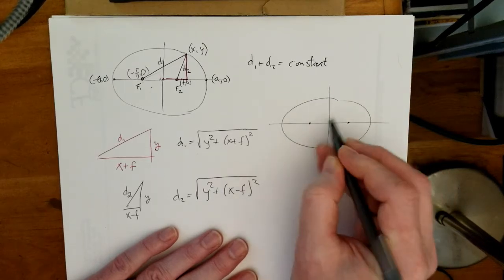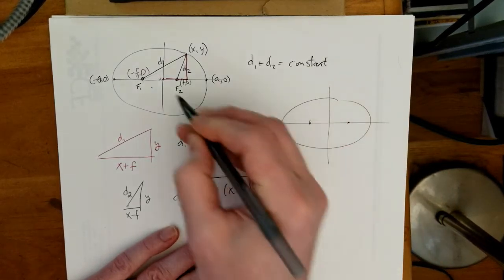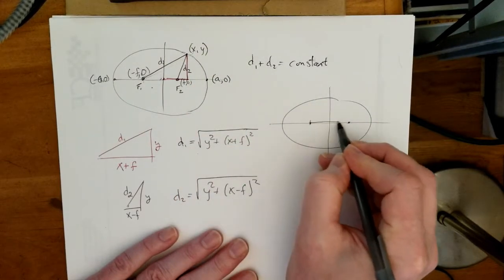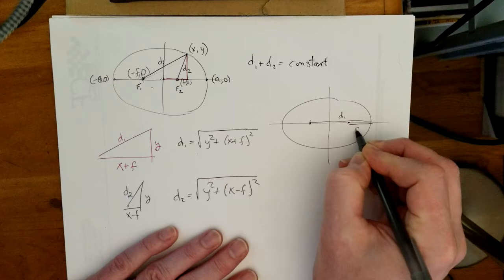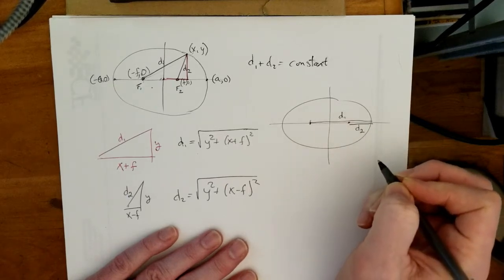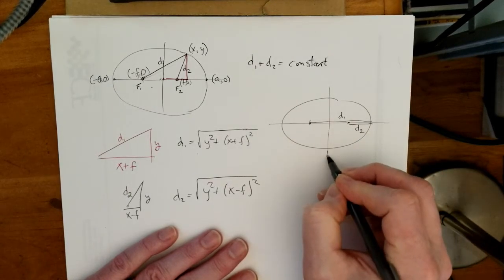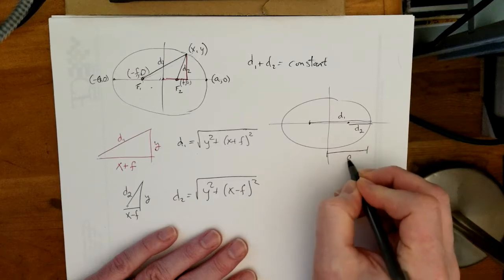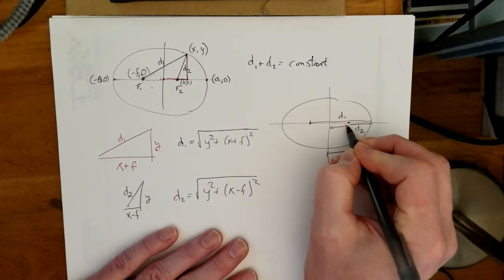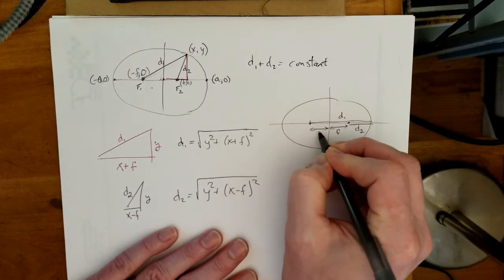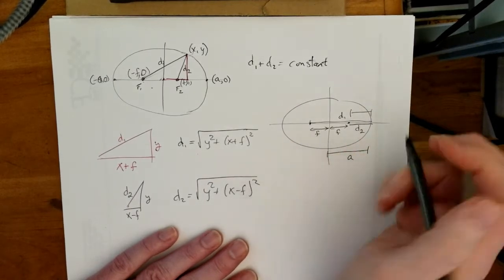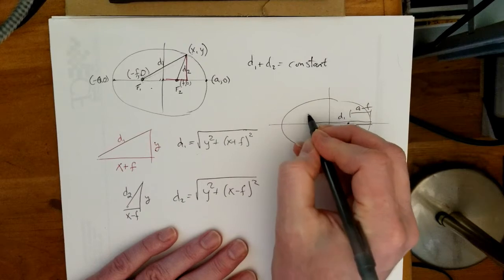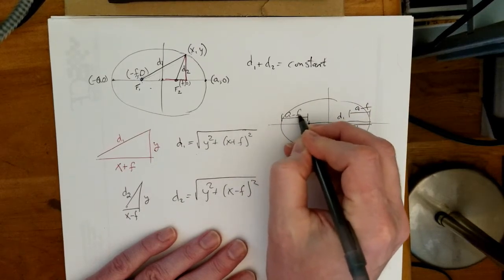So I have my 2 points here, and my D1 now is this distance here, my D2 is that distance there. That distance is A. This distance from here to here is F. And this distance from here to here is just A minus F. And again, because of symmetry, this is A minus F.